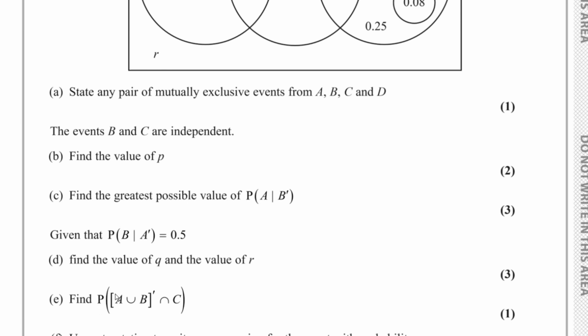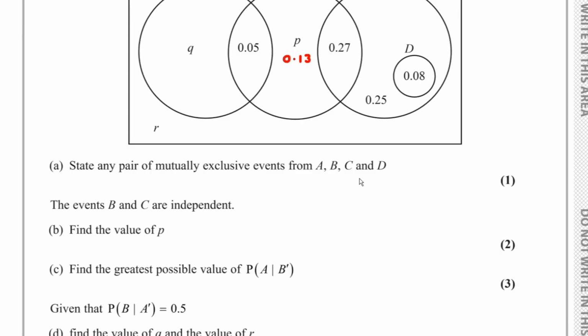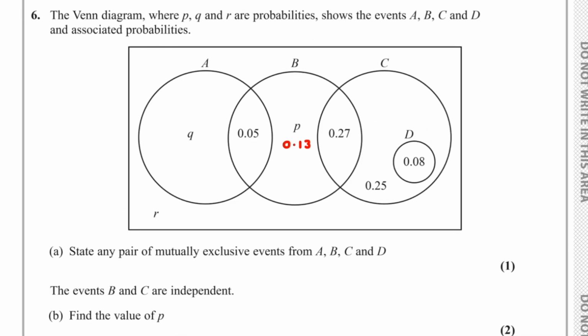Part E, find the probability of what doesn't include A or B and C. So, what doesn't include A or B, but does include C, well, that will be the 0.25 and the 0.08 added together.